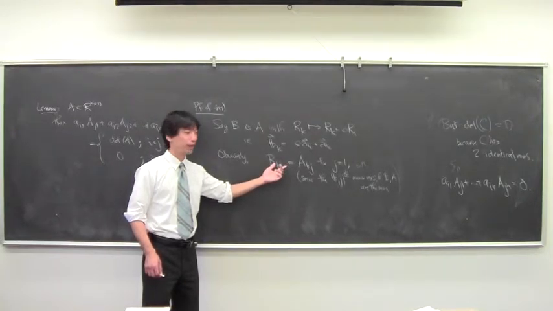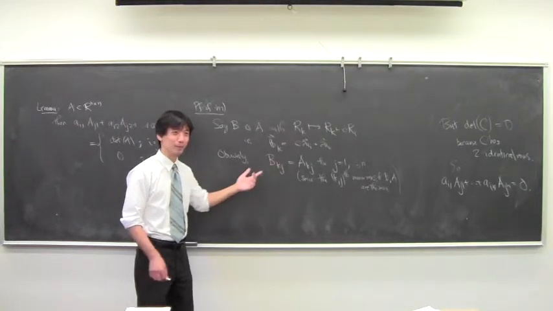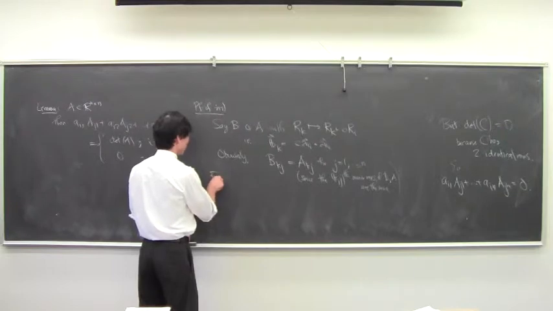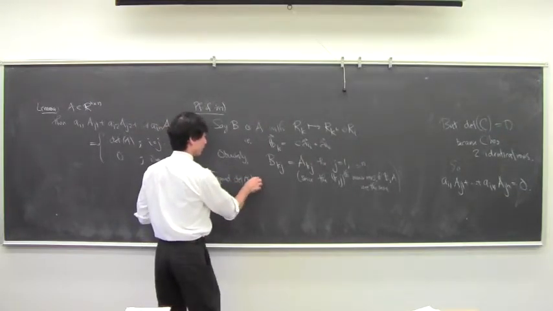The cofactors are the same down the kth row. So do cofactor expansion down the kth row. So expand the determinant of B down the kth row.